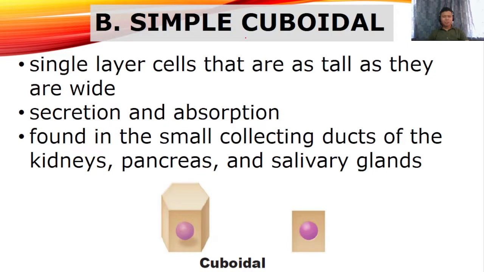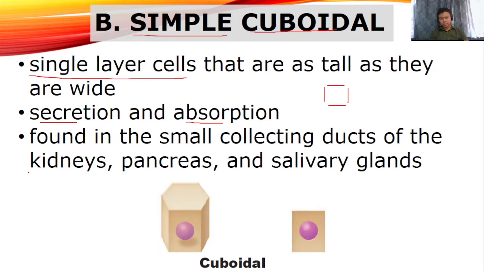When we talk about simple cuboidal, a cube-like structure, they are as tall as they are wide. A single layer, from the word simple. Their main function is for secretion and absorption.